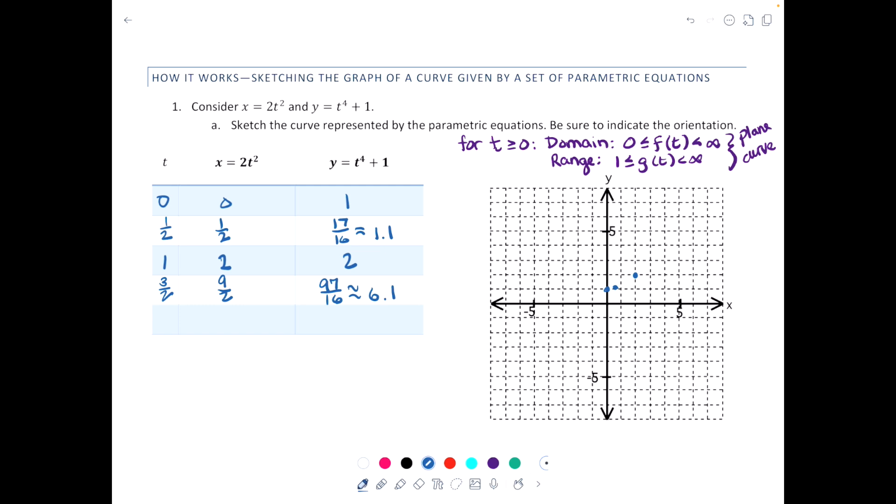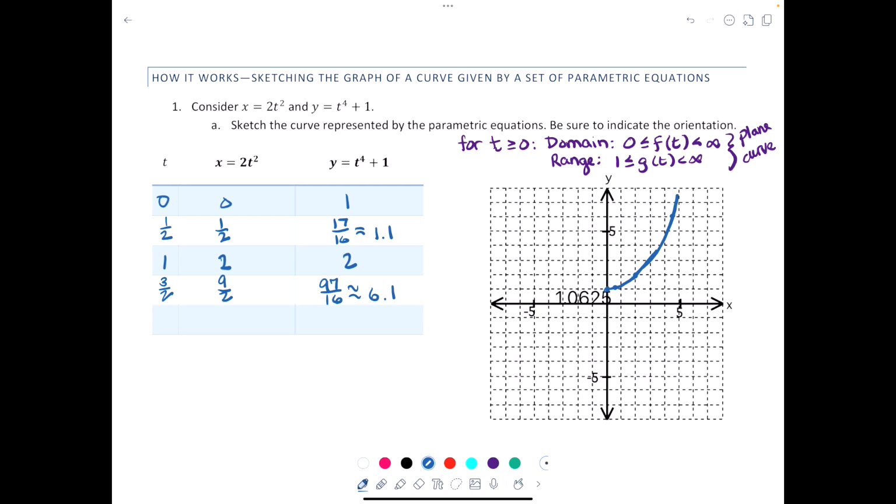All right, so plotting this last point, we'll have 9/2, which is about 4.5, and then just over 6. So it'll be about here. And so we can make our graph. And you might be thinking, well, what's the big deal, right?